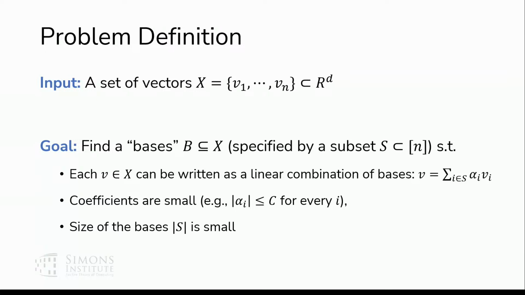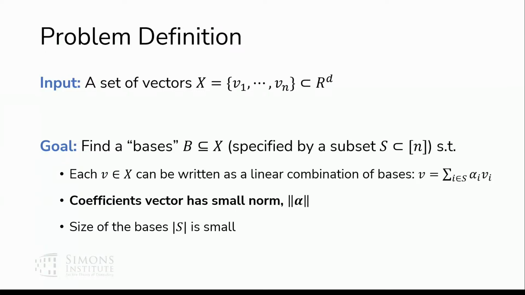Meaning that if I write v as the sum of alpha_i v_i for the v_i's in the basis, the absolute values of the alpha_i's are small. And I would like to have the basis as small as possible. So the size, we need to make it as small as possible. So this is basically the general idea.